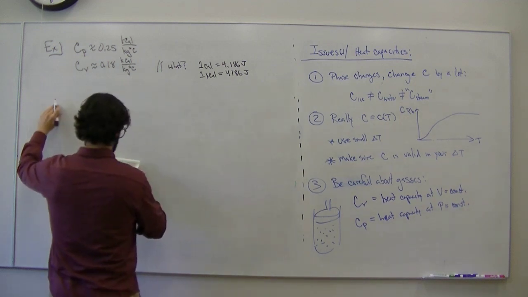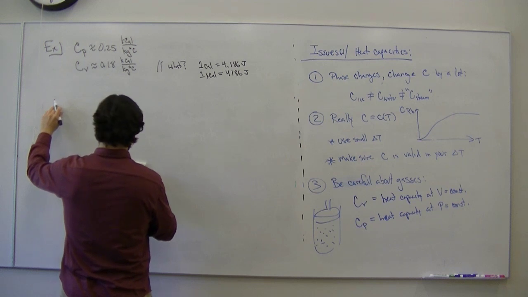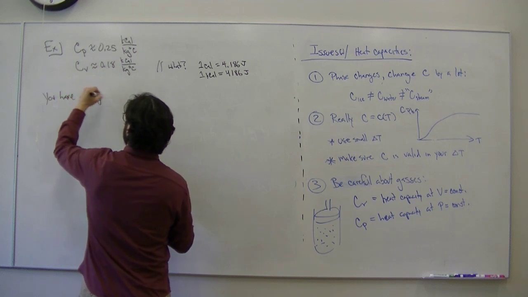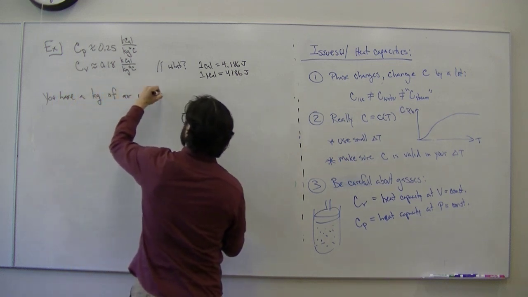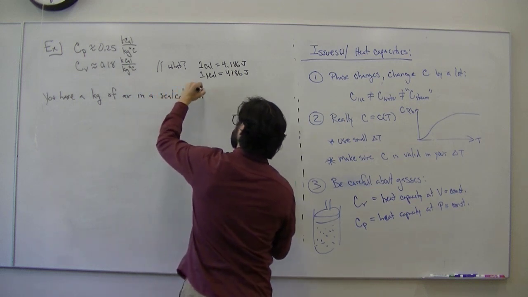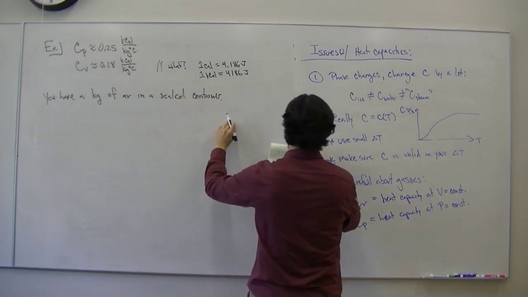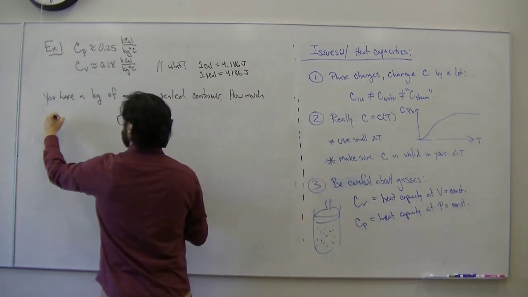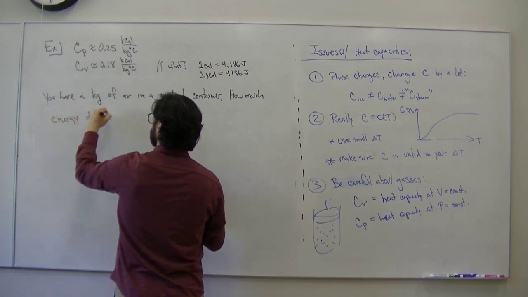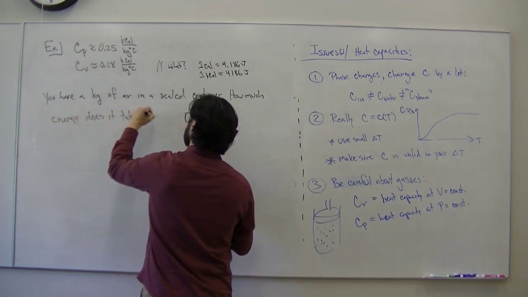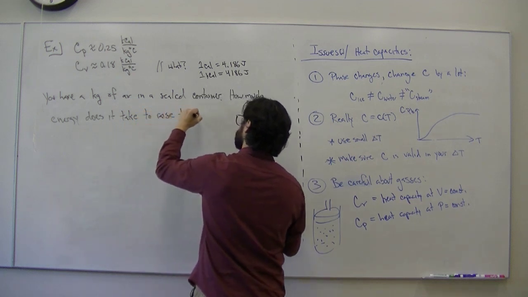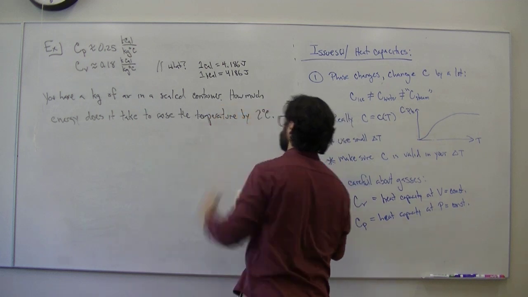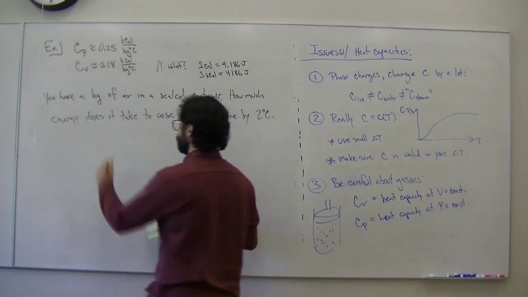So let's say that you have a kilogram of air in a sealed container. And I just want to know how much energy it takes to heat the thing up by 2 degrees Celsius.